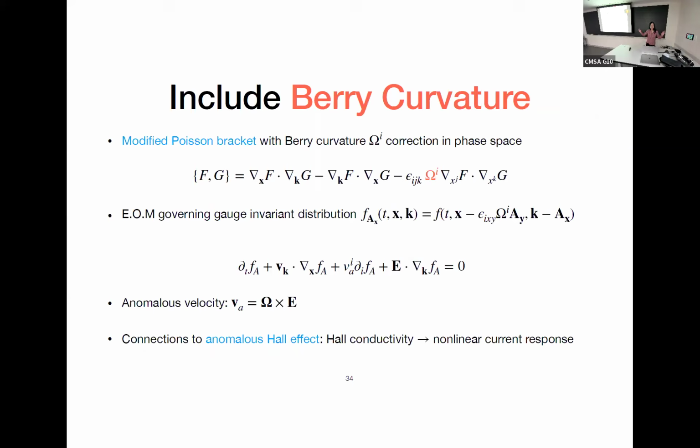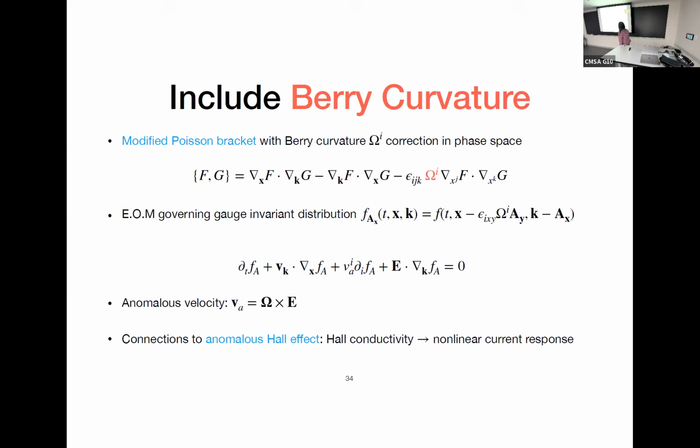Another question one can ask is how can we include the Berry curvature? There are several different ways that one can include the Berry curvature in this formalism. But let me emphasize one way: one can modify the Poisson bracket with the Berry curvature correction in phase space.